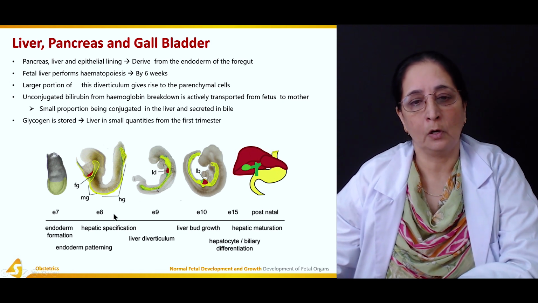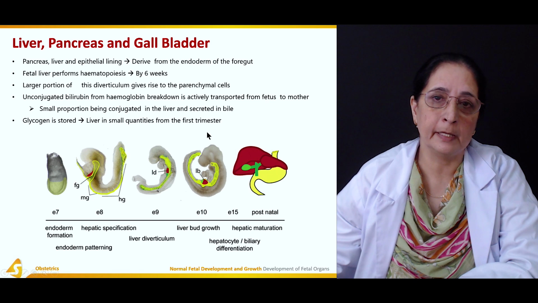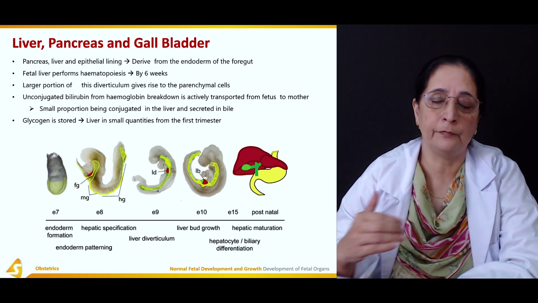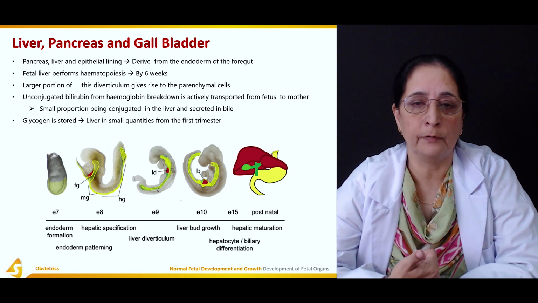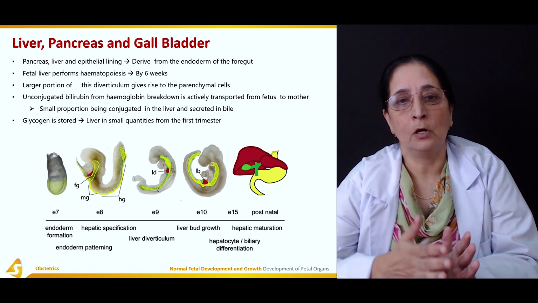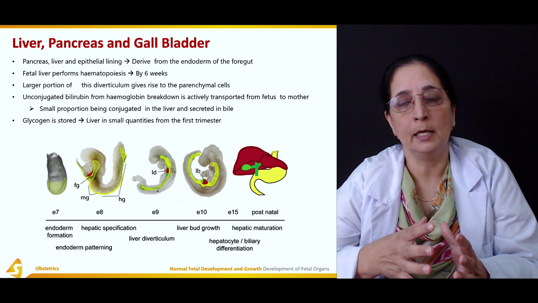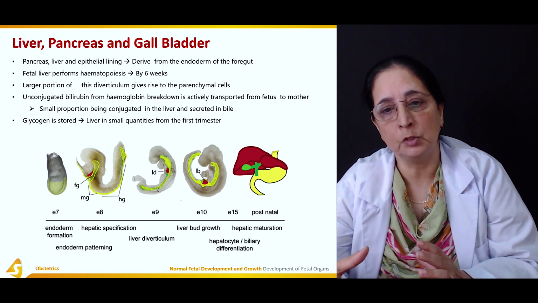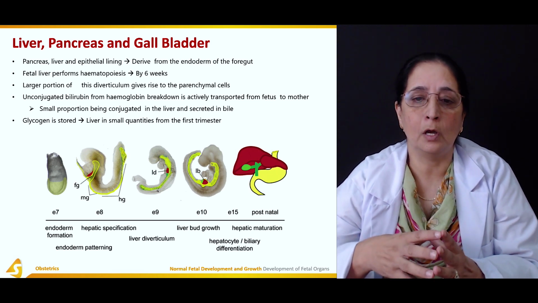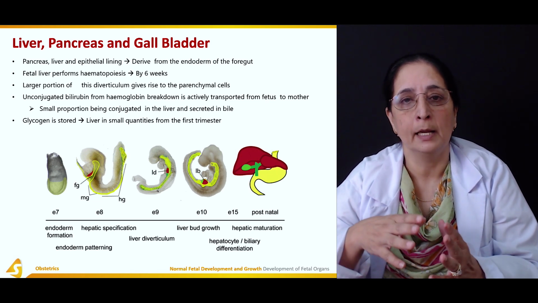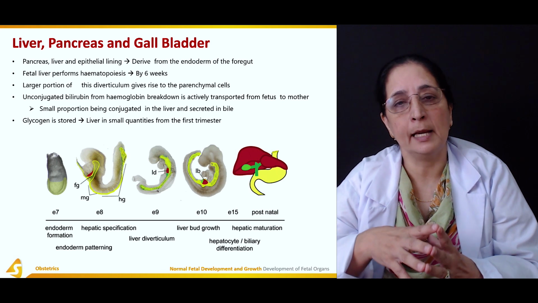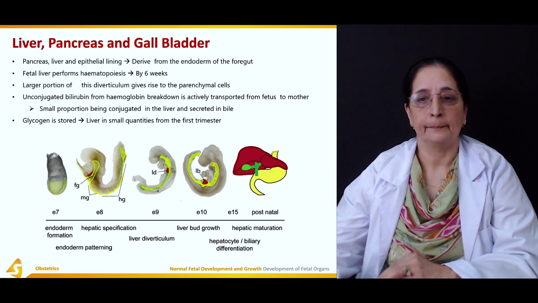Glycogen is stored also in the liver from the first trimester. So liver performs a lot of functions: hematopoiesis, storage of glycogen, unconjugated bilirubin is transferred from fetus to the mother, and also a small portion is in the liver and secreted in the bile.